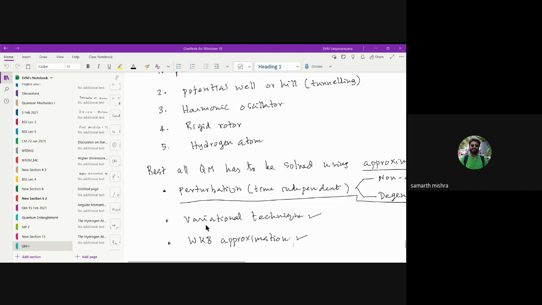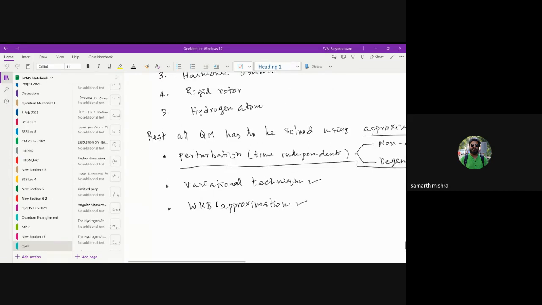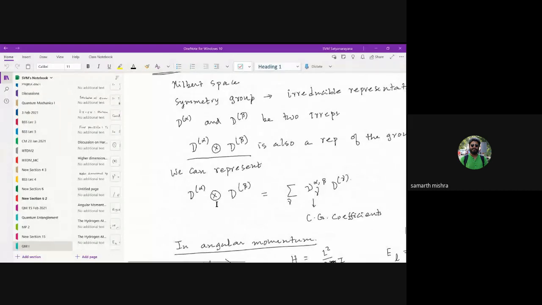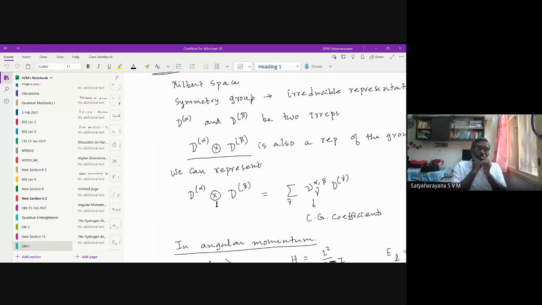See, when you do an angular momentum problem, your angular momentum quantum number j will go from 0 to infinity. It cannot be negative, correct? That is why j can start from 0, and that is why we take the modulus of j1 minus j2. Then you can go up to j1 plus j2.